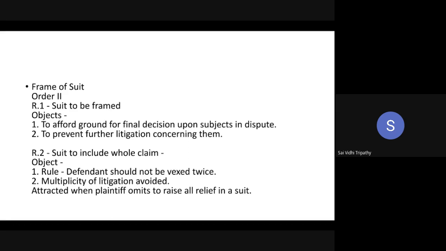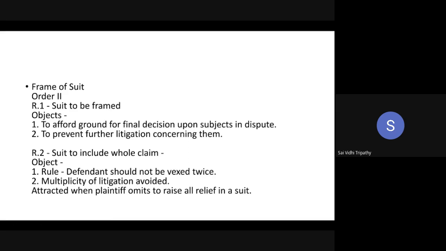So first, wherever there is a dispute or controversy, there should be a finality, and then the next is that there must be an end to the litigation and there should not be any further litigation. That is the object.